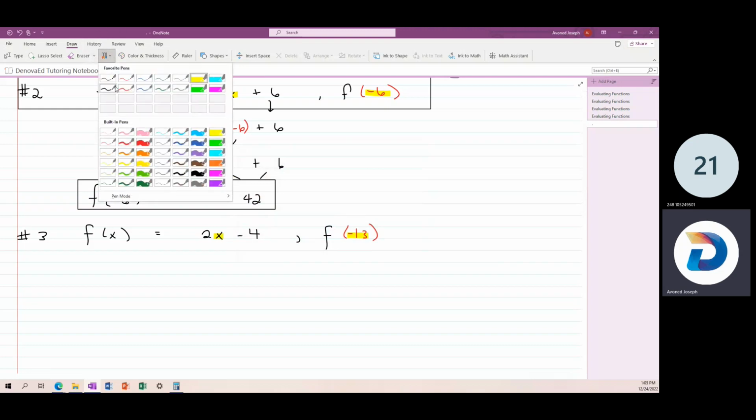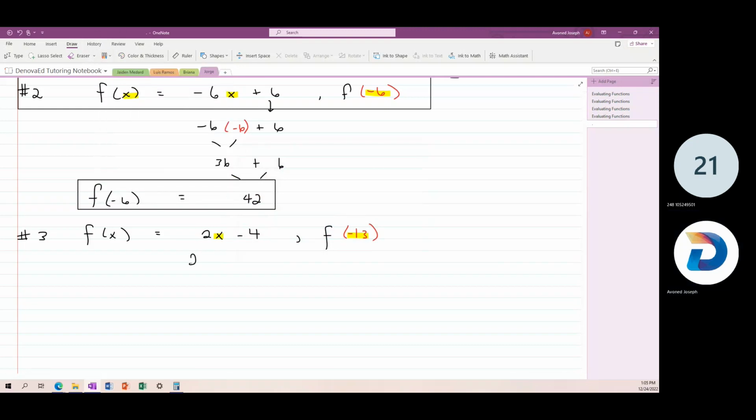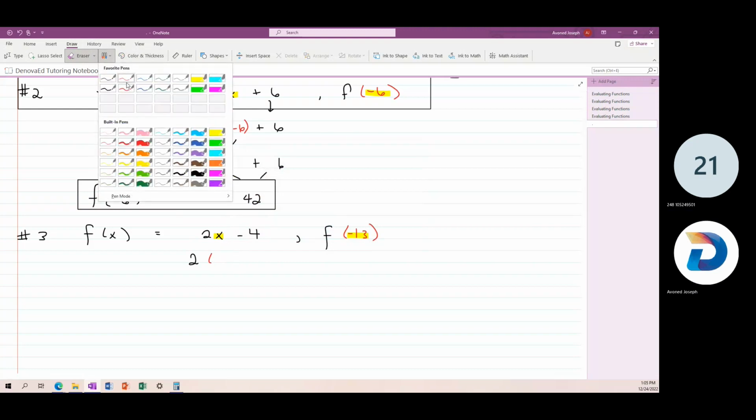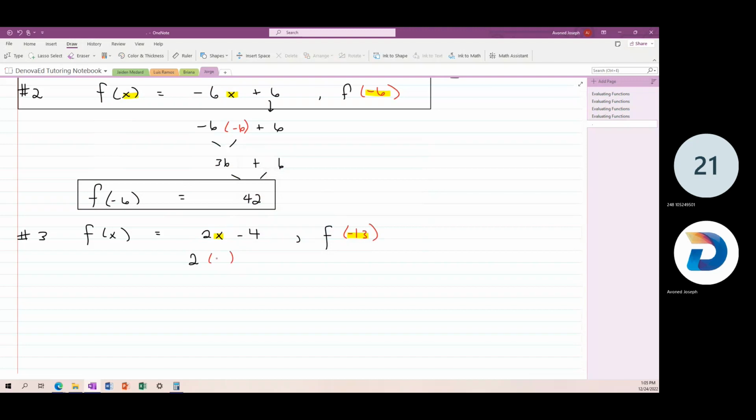So now we can rewrite this as 2 times what?